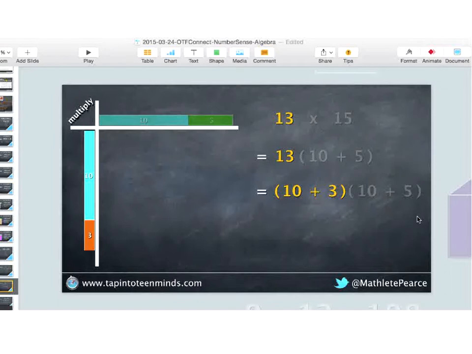And some teachers, I should say most teachers, will then give students essentially a trick called FOIL. It's an acronym to help students remember the first term times the first term in both brackets, the outside term times the outside term in both brackets, the inside 2 terms multiply, and the last terms.